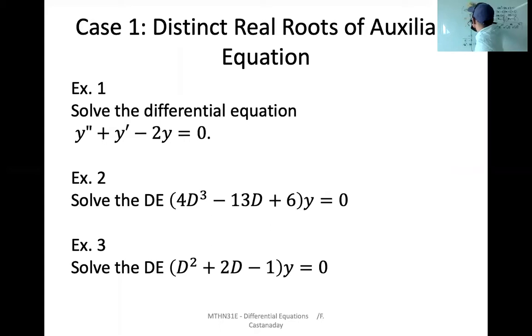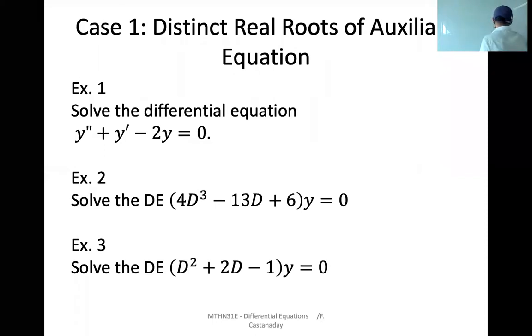Papel, ballpen. Sige, while waiting, I'll just solve here. Check nyo kung distinct nga ba yung roots.